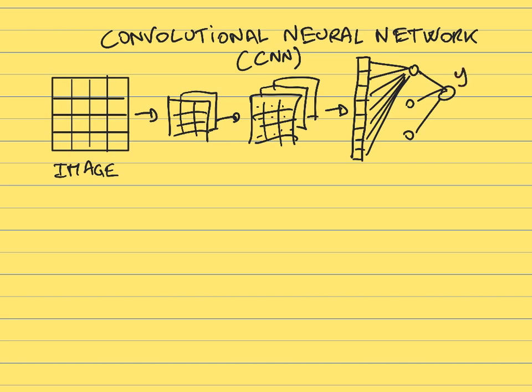So for example, in this case, if y is larger than 0.5, then it means that the network will have detected a cat in the input image, and if y is lower than 0.5, then it means that there is no cat.